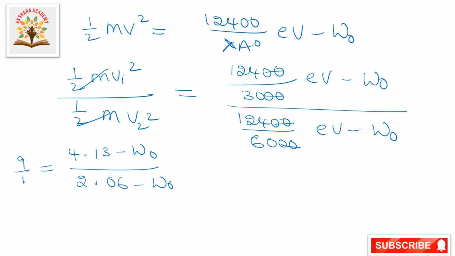Now taking cross multiplication, 9 into 2.06 minus 9 work function W naught is equal to 4.13 minus W naught.